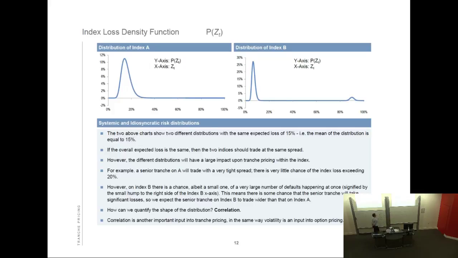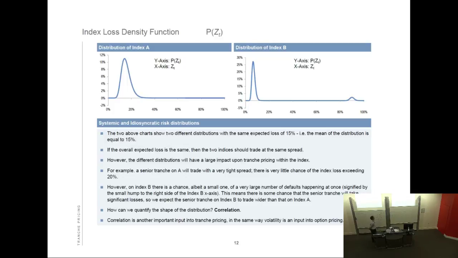But if you price tranches on them, you will get very different results. For example, think of a 40 to 100 senior tranche. Okay? 40 to 100 is extremely unlikely to happen in portfolio A, right?